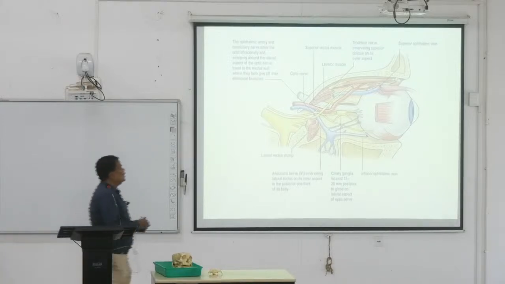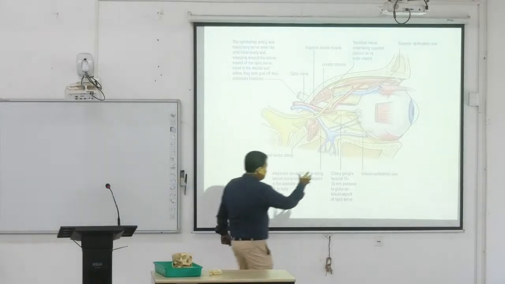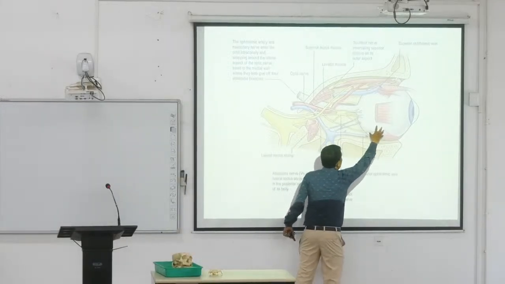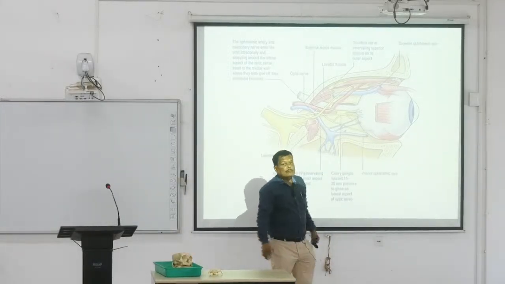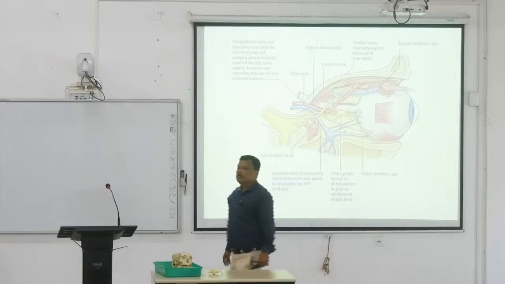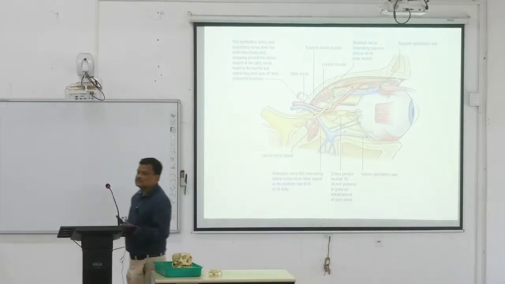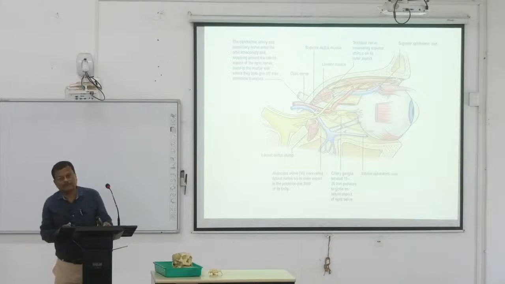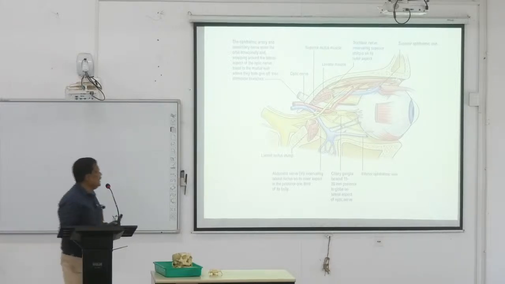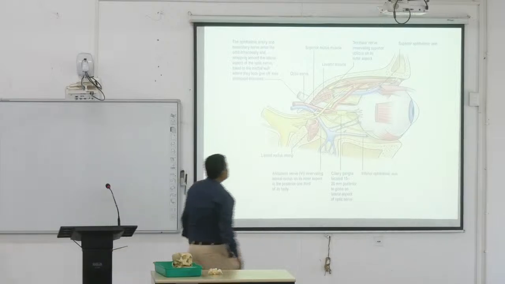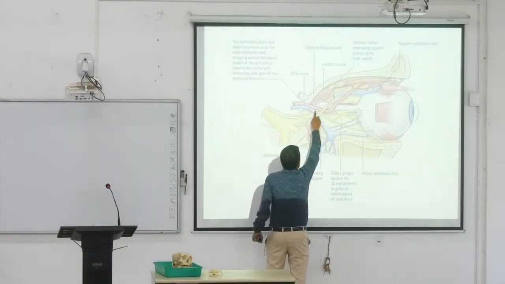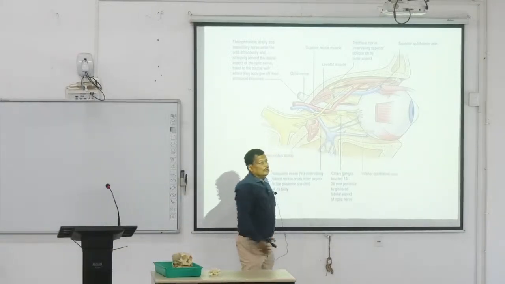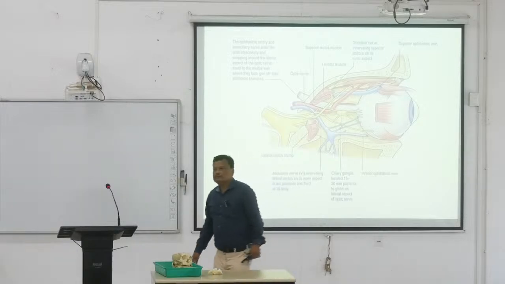So look, the orbit doesn't only contain the eyeball, it contains the muscles. We call it extraocular muscles, which is maybe smooth and also striped. Some voluntary, some involuntary. Next, it contains arteries, veins, ophthalmic and its branches.